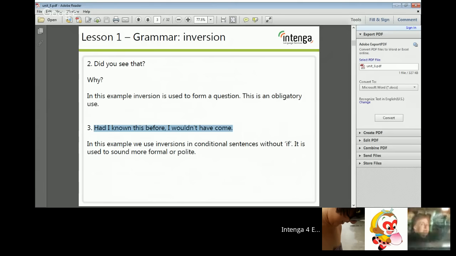Well, if we look here, it says, in this example, we use inversion in conditional sentences without if. It is used to sound more formal or polite. So that could be a little bit more polite. Okay. Good. Any other questions about this?